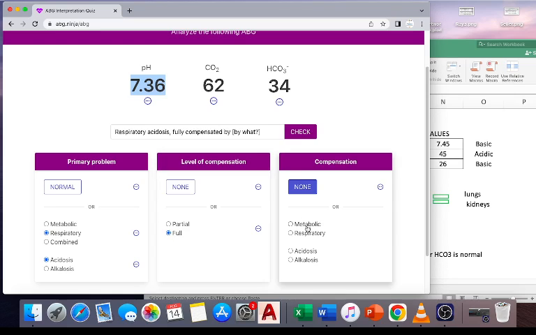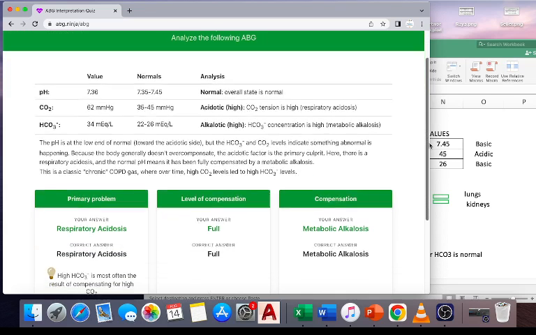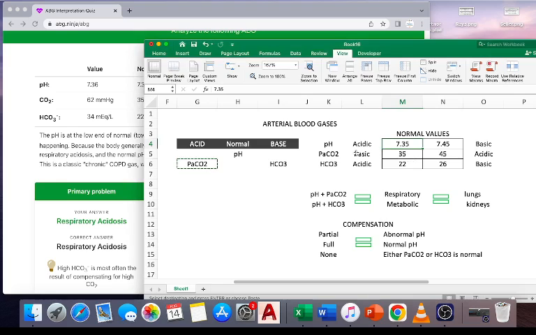Here, the reverse of respiratory is metabolic, and the reverse of acidosis is alkalosis. And let's check. Okay, so our answer is correct. The pH is at the low end of normal towards the acidotic side, 7.36.